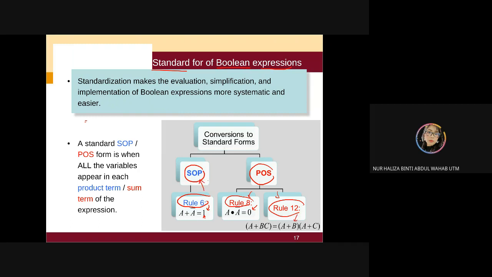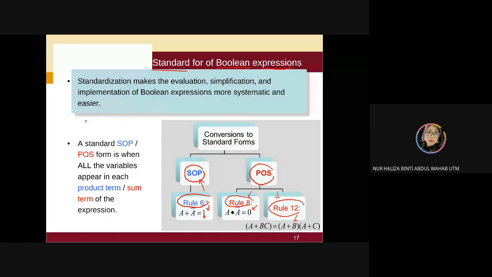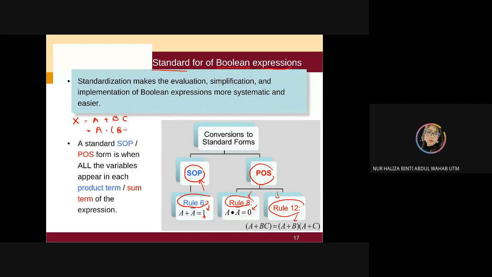Okay, why rule number 12? Let's take a look into SOP. How does the SOP look like? X equal to A plus BC. So from here, if I have A, I multiply with B plus B bar. Is anything happening to this?